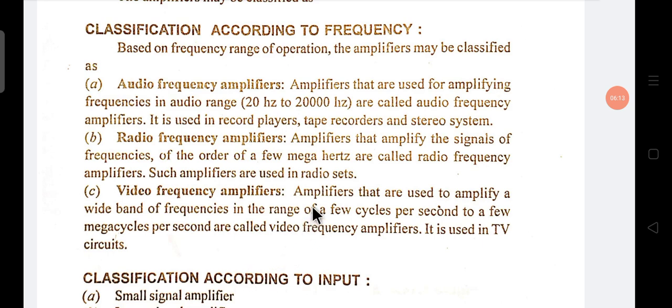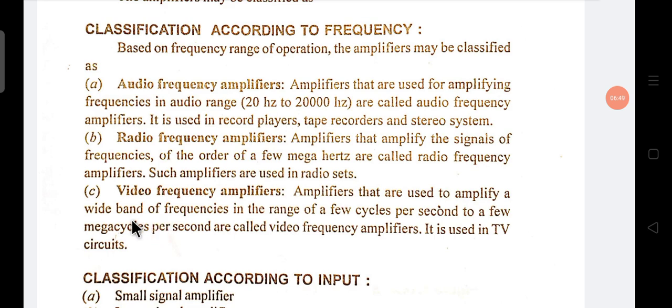The amplifiers that are used to amplify a wide band of frequency, in the range of a few cycles per second to a few megacycles per second, are called video frequency amplifiers. This range is very wide, starting from a few cycles per second, that means a few hertz, to a few megacycles per second, that means a few megahertz.